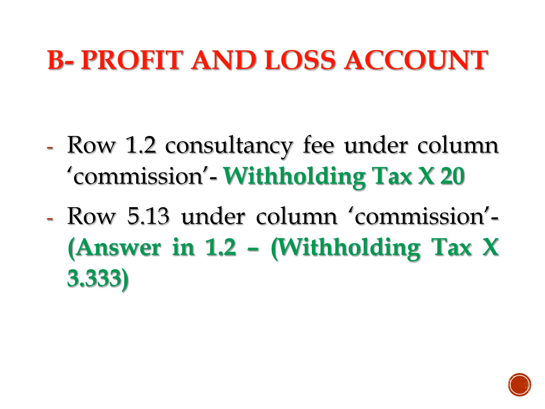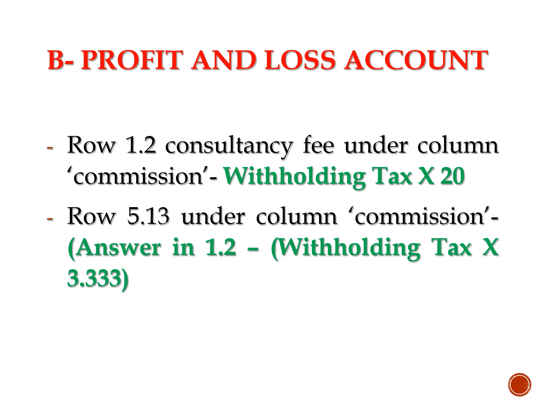For normal tax returns, those where we do not have withholding tax, this is not there. But if you are an examiner, because you are paid withholding tax, then you have to fill this. Under row 1.2, under the consultancy fee column, then under the column commission, you are going to be taking your withholding tax.